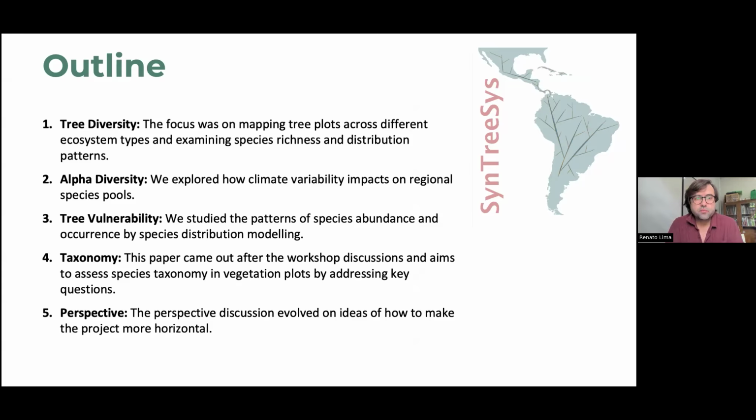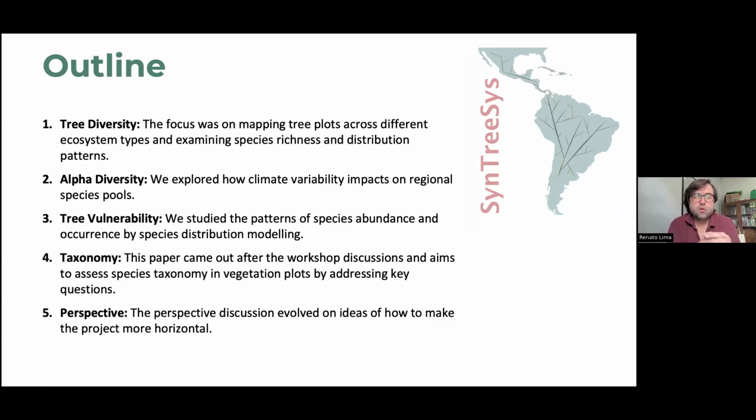So there are some work packages which are not mentioned here, but they are ongoing as well. So we have one main work package working with tree diversity. The focus here is just describing the major patterns of tree diversity across Latin America and describing the similarities and differences within biomes, especially. We're going to show those results later.